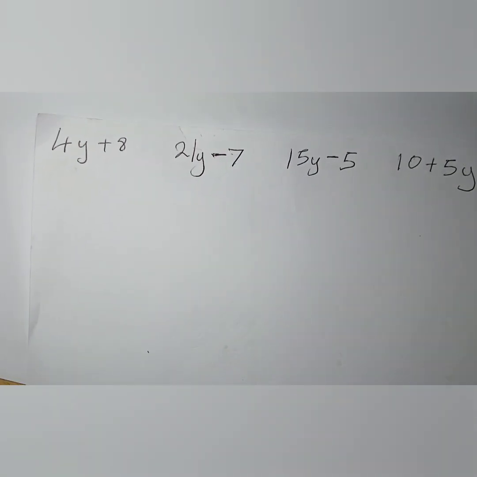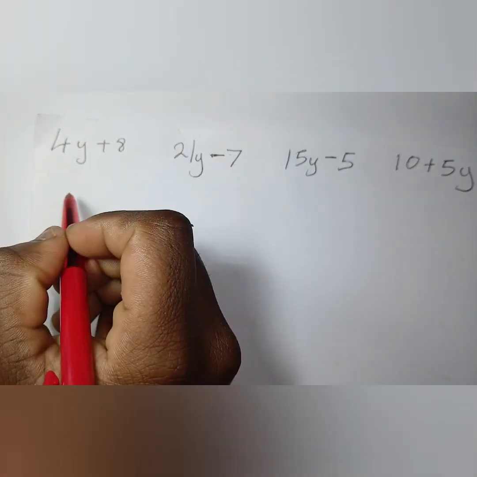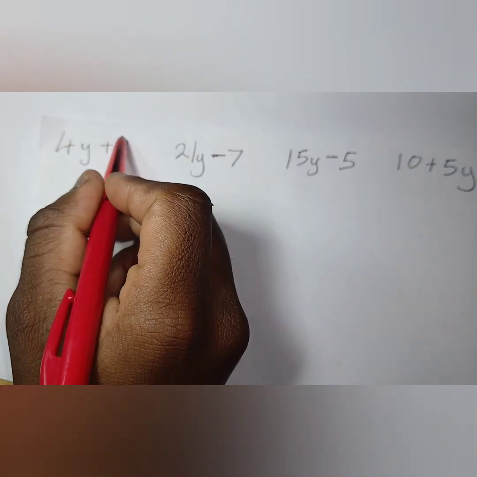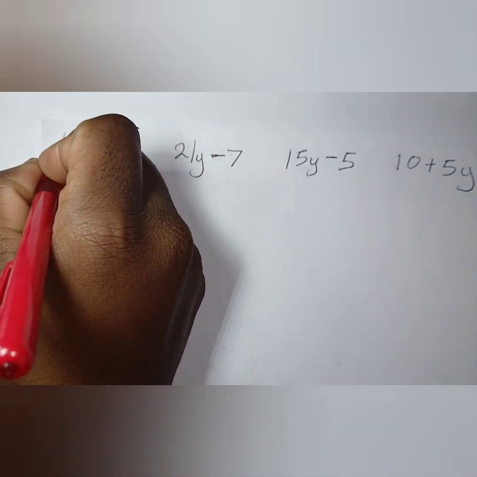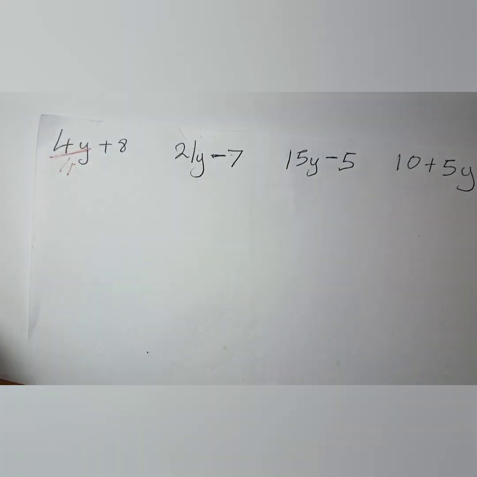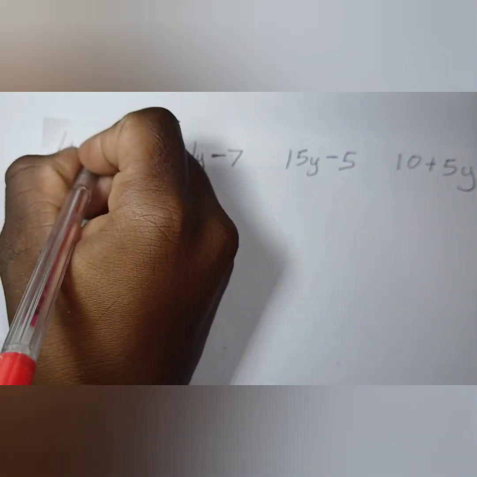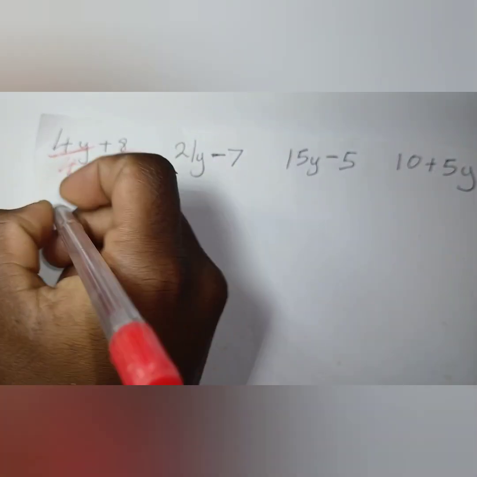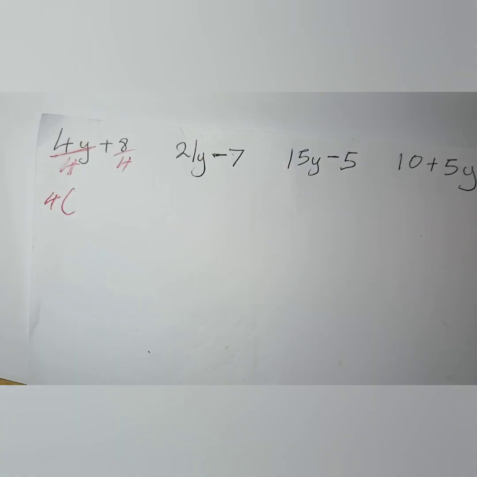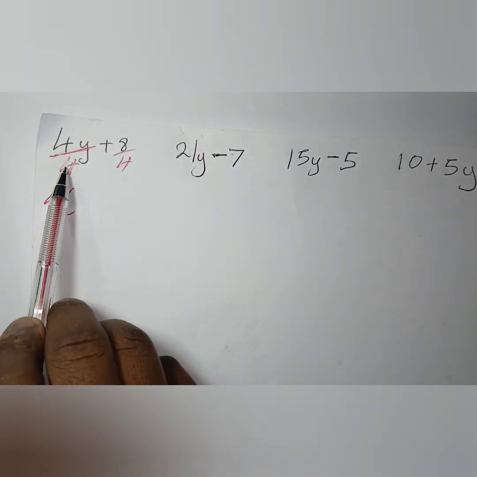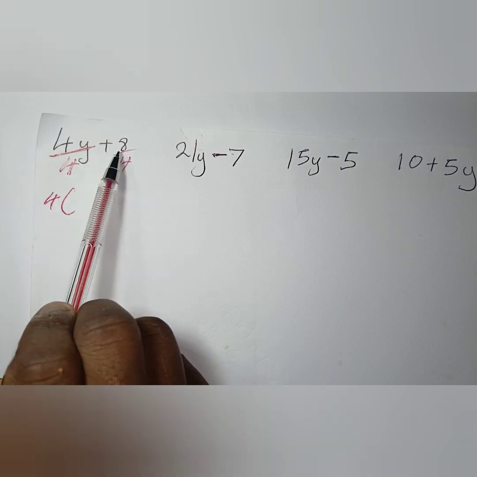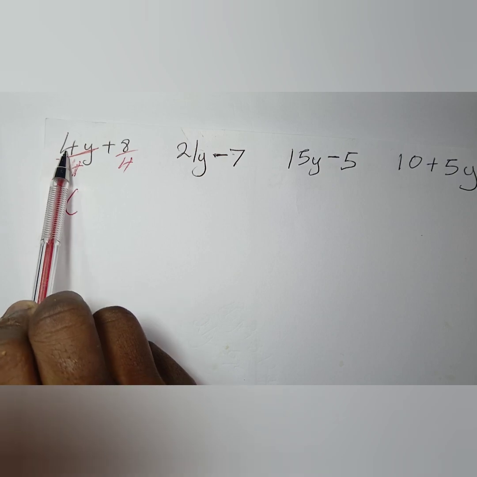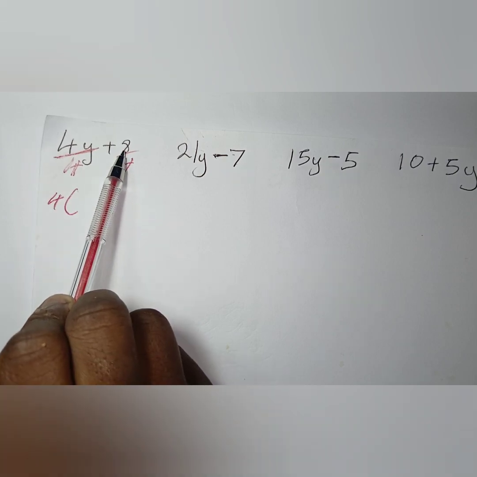Let's say you've got this. To factorize here, you look for the bigger number that you can divide both terms by. As your common factor, you will find the bigger number is equal to 4. You divide both by it and take it as your common factor. A bigger number that you can divide 4 and 8 by is 4, because 4 can be divided into 4 and 4 can be divided into 8.